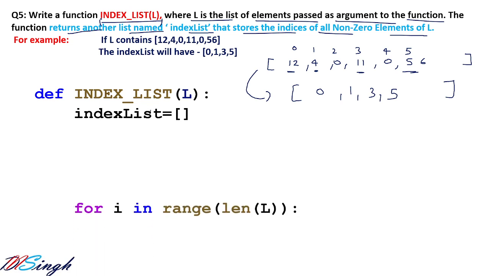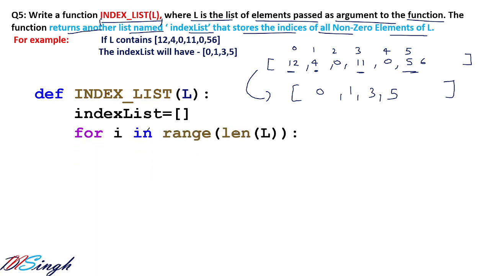Next we are going to run a for loop, and by indexes we are going to iterate over the list passed in the argument. Here we are going to see whether the element is 0 or non-zero. So how should we write the condition? We are going to check if L of I is not equal to 0, then we are going to append that I inside the index list.